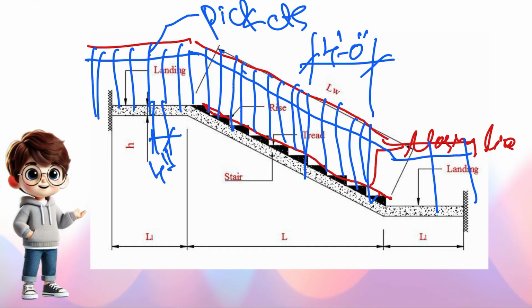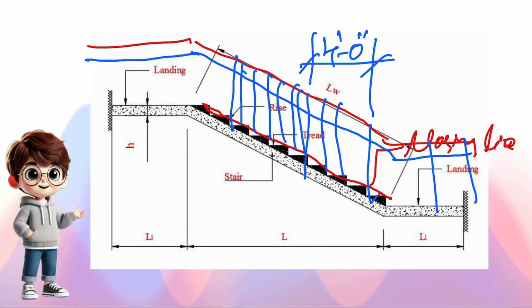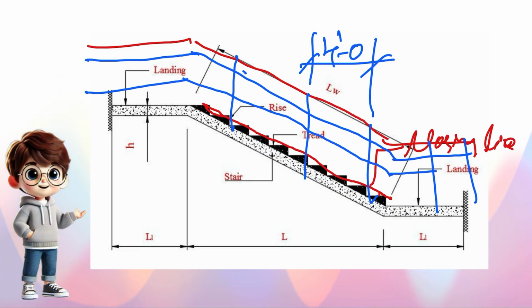And now instead of these rods, sometimes there will be a mid-rail also like this. The height of this mid-rail is 1 foot 9 inch. This rail we call the mid-rail.